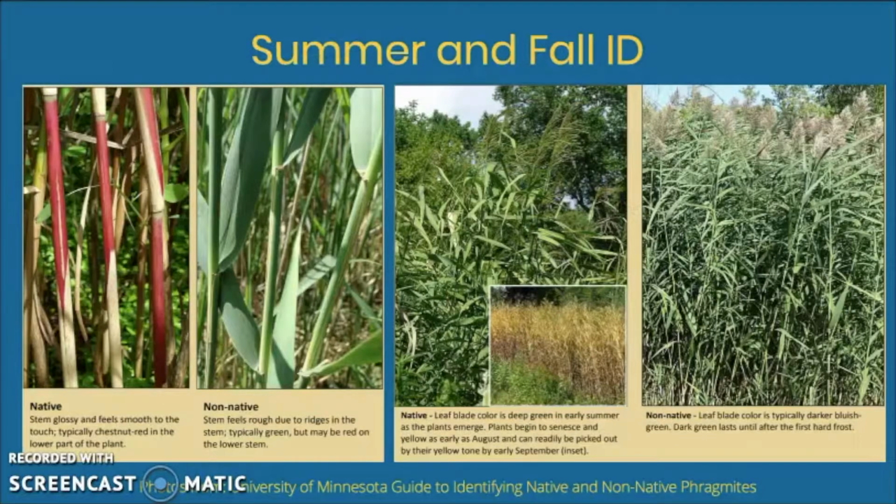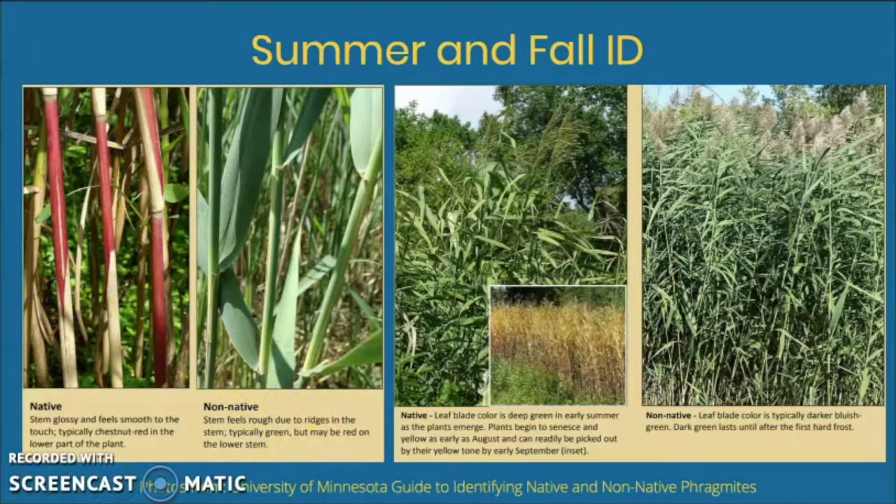So during the growing season, so that's the summer and fall, you can look at some other things to help you identify non-native Phragmites. One of the things you can look at is the color of the base of the stem. So native Phragmites, the stem tends to be smooth and glossy and kind of a chestnut red color, like you can see here.